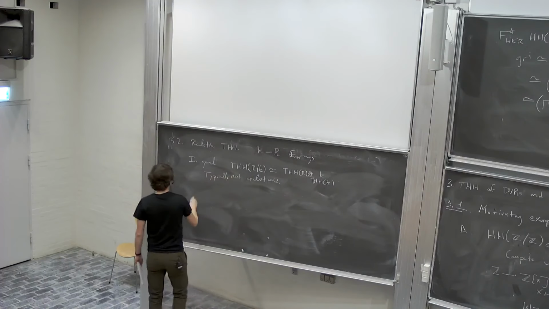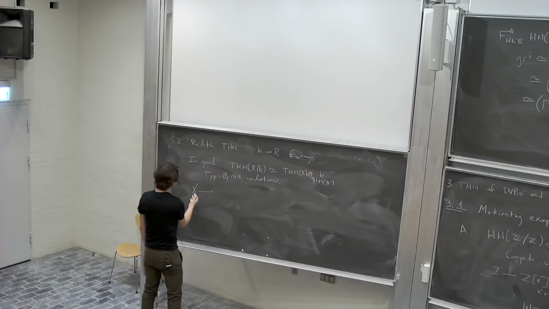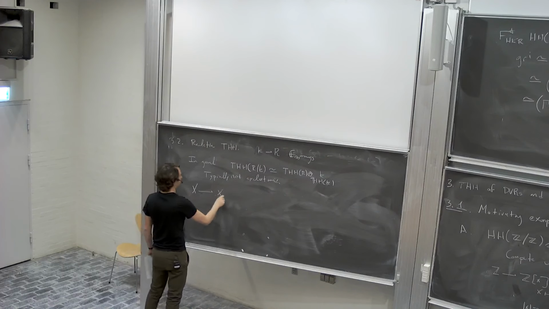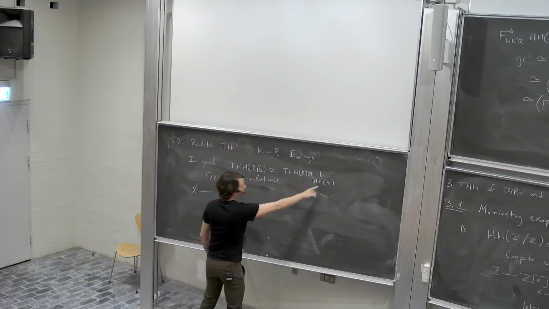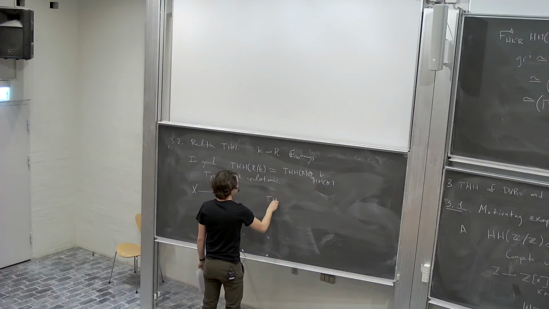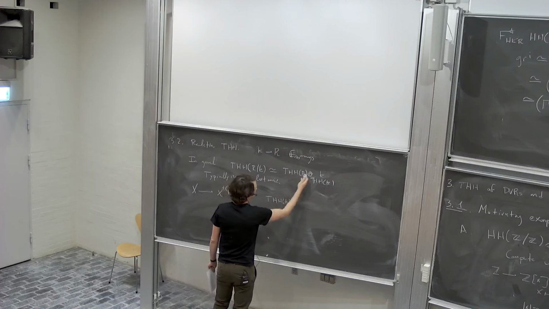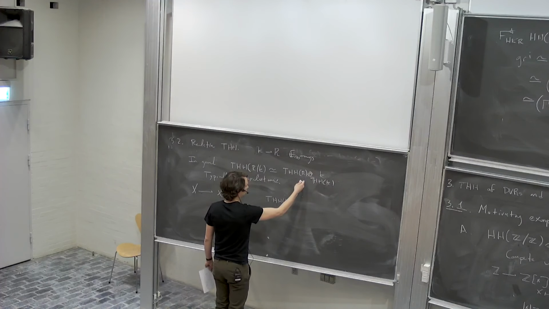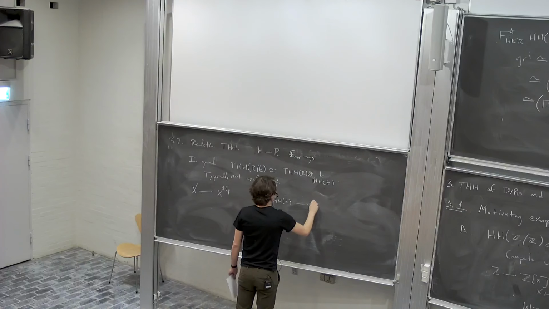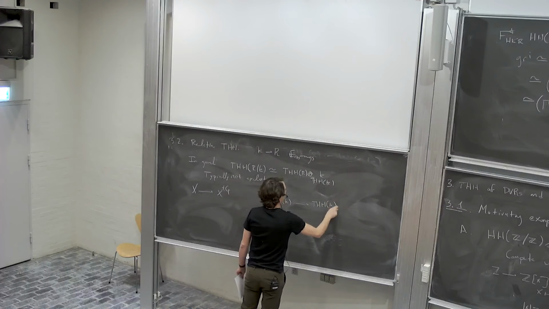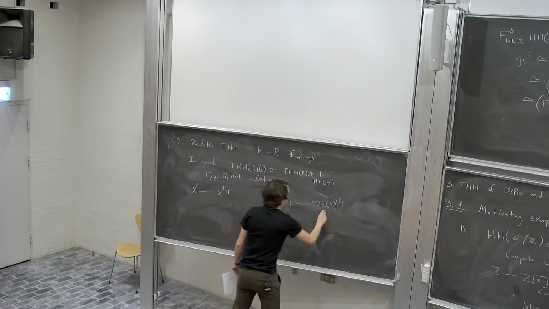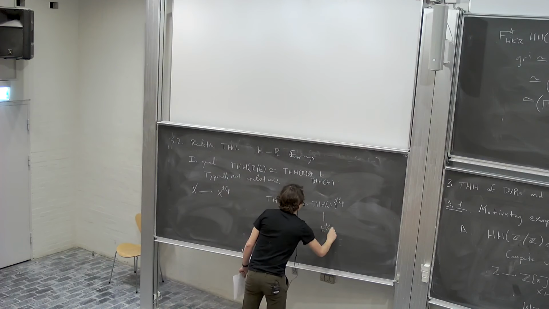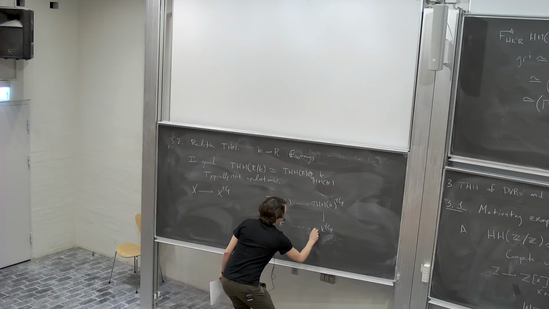Remember, a cyclotomic spectrum X is a spectrum with S1 action and an S1 equivariant map from X to the Tate construction. The problem is, roughly speaking, that in order to preserve a cyclotomic structure here, you would need to look at the cyclotomic Frobenius on THH of K, and then find some way of factoring like this.